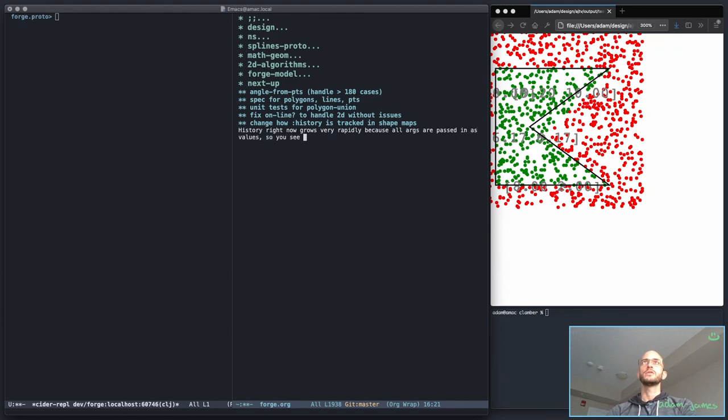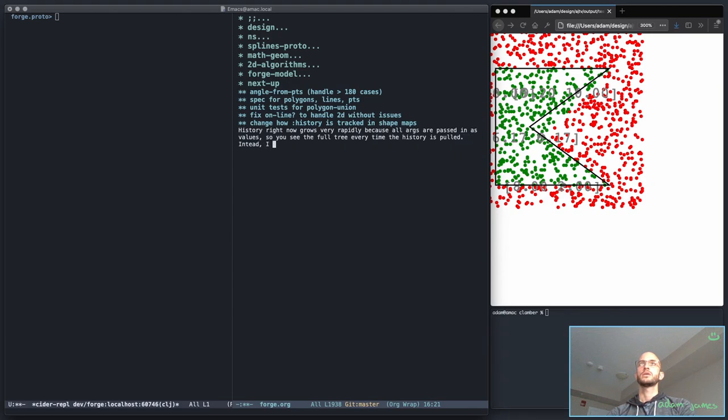So you see the full tree every time the history is full.